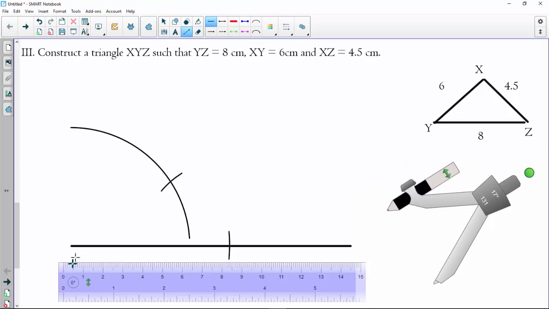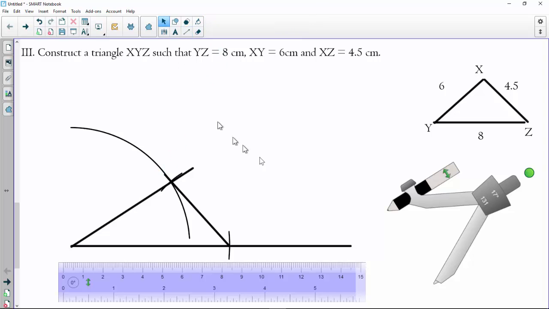Finally, join the intersection points now to the start and the end of the line. Now, as you can see here, in my triangle, the lines are exceeding the intersection point, and nothing is wrong with that, because in any construction you must leave your construction lines, and well, those are also part of my construction lines.